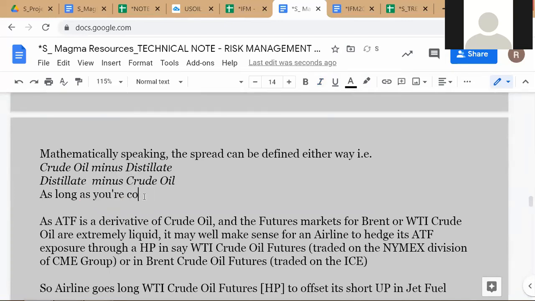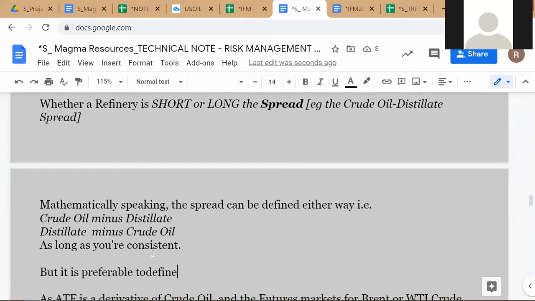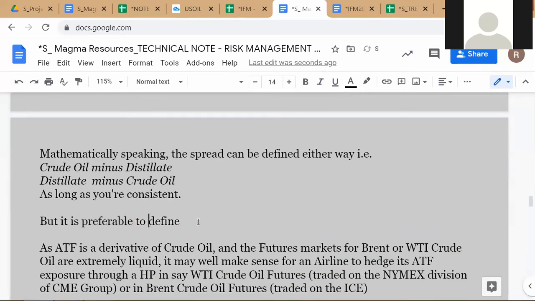Don't start doing it one way and then the other way. But what I'm telling you is that it is preferable to define the spread first, because that will have an impact on whether you call them long the spread or short the spread.